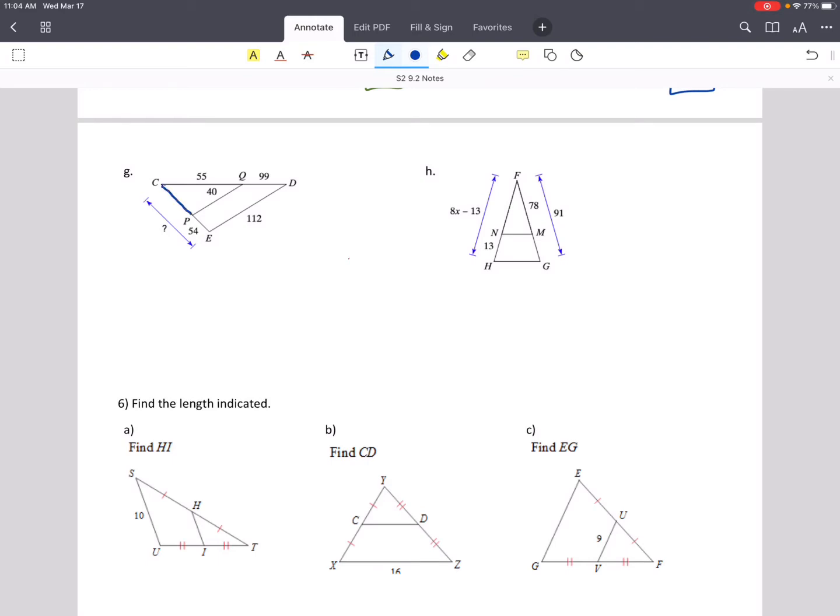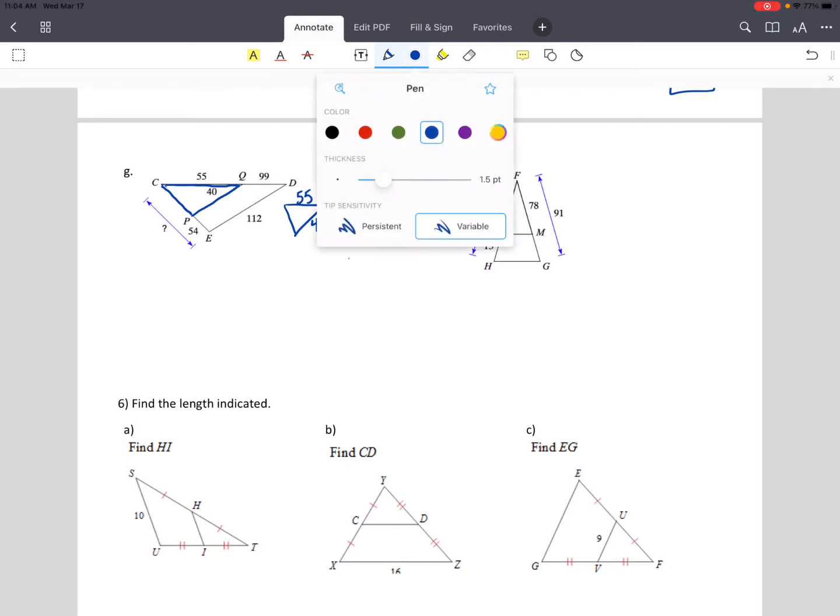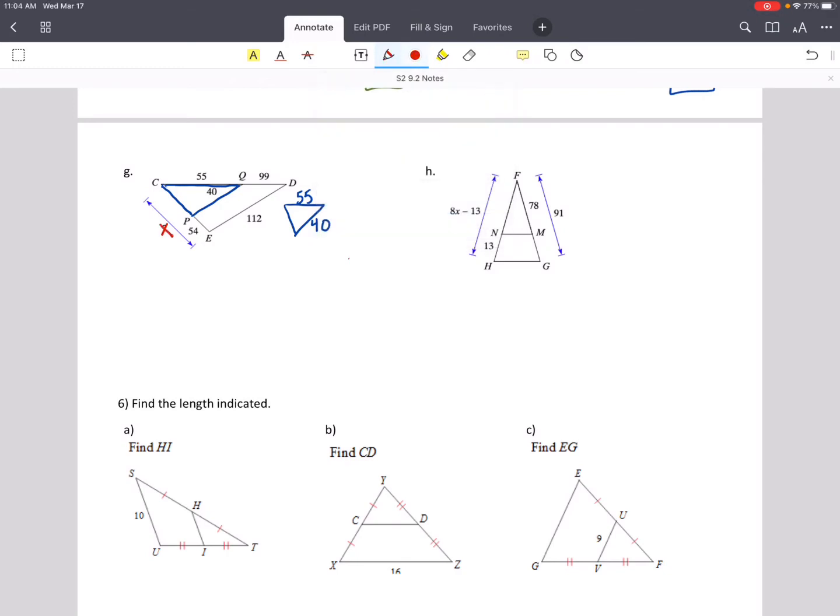So I have two triangles. There's my small one. 55, 40. We don't know the length of CP, but I see that I have x here. And with PE being 54, well, if I want to find CP, I can just subtract those.